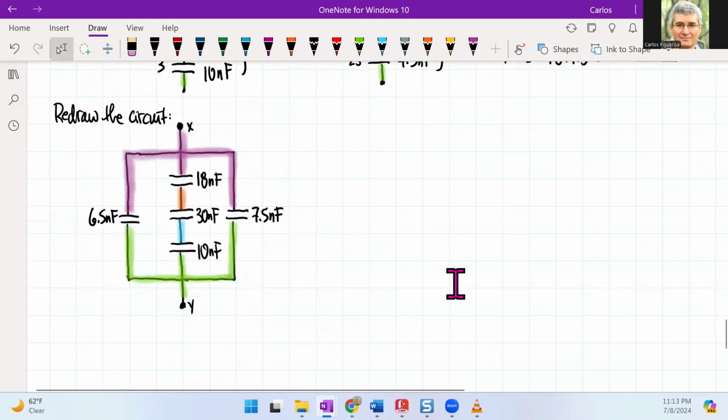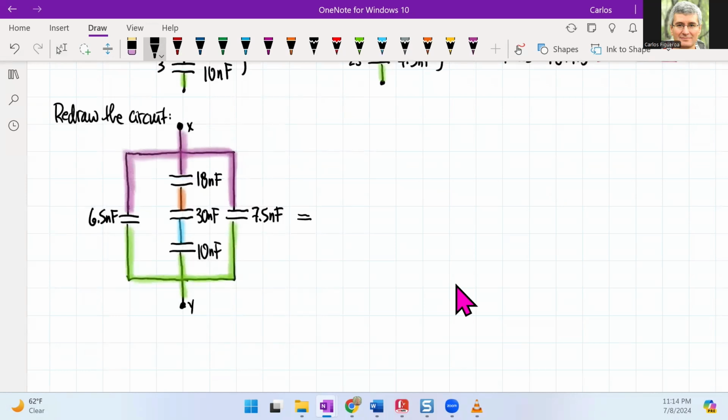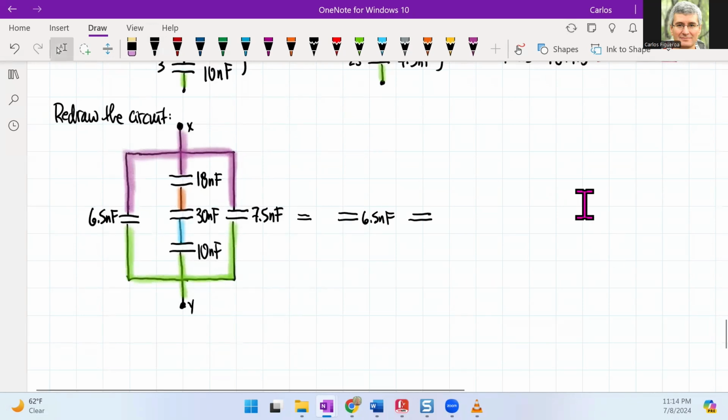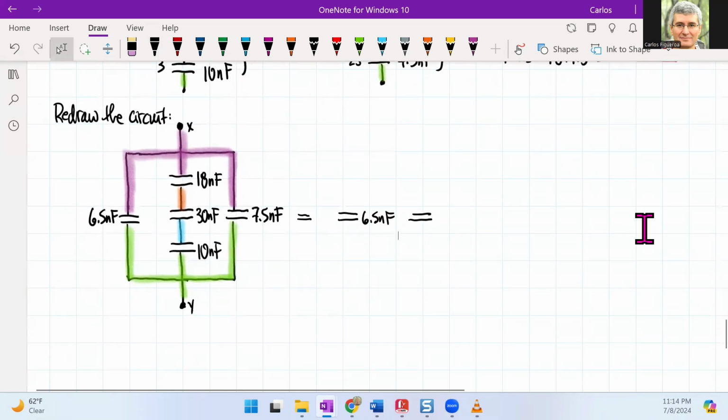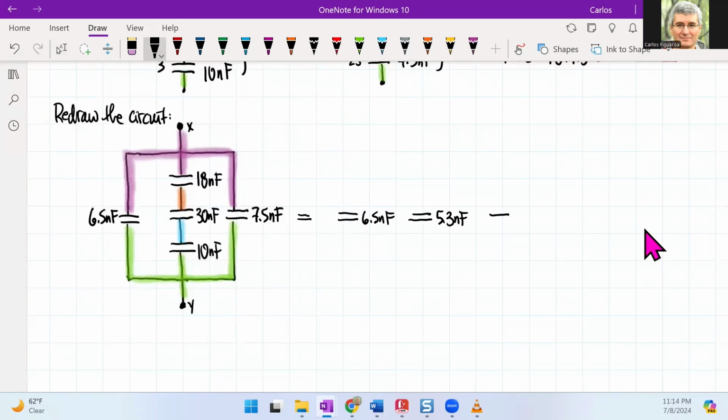What I can do now is replace this with this capacitive circuit here. This guy is going to be 6.5 nanofarads. Then I have the capacitance that I just calculated. What was that value? 5.3 nanofarads. So this is going to be 5.3 nanofarads. And then I'm going to have my third here, which will be 7.5 nanofarads.